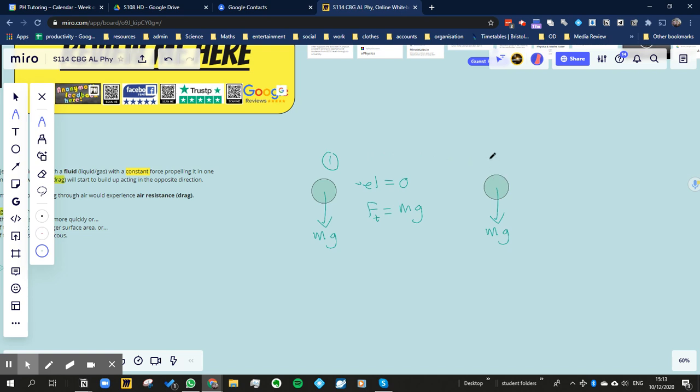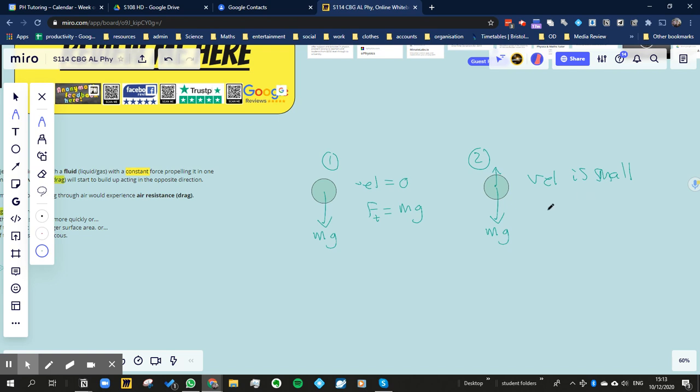Then stage 2. It's now moving a little bit. So let's say velocity is small. It's moving, but it's just started moving. So it's got a little bit of air resistance, since it's an object falling through air, but you can still use the word drag, of course.